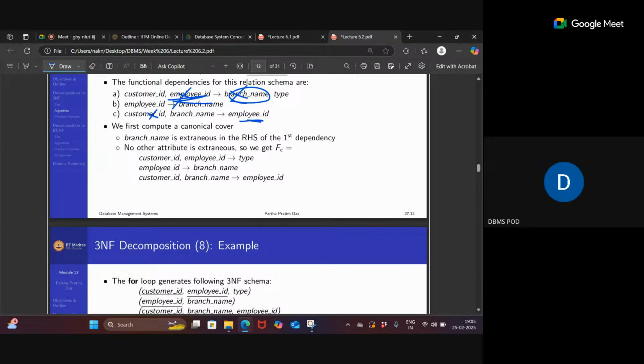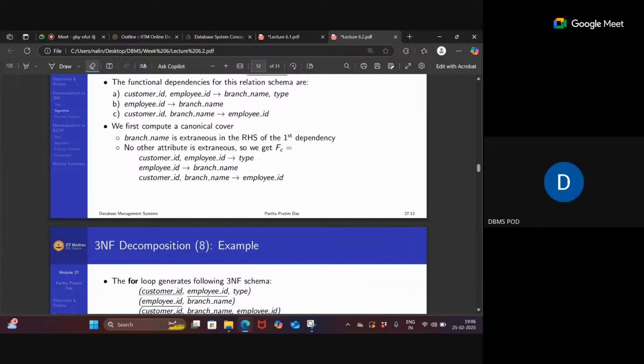If we just take the closure of branch name, then we will get only branch name, because customer ID and branch name together determine employee ID. If I remove customer ID, then by taking branch name closure, are we getting employee ID? No, we cannot get employee ID. Branch name determines only branch name. So here customer ID is also required to determine employee ID.